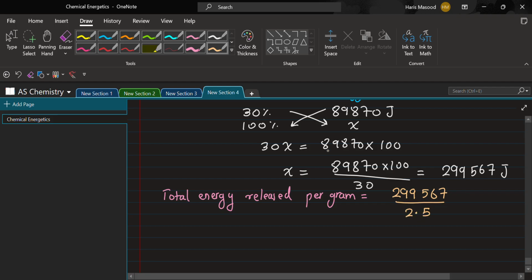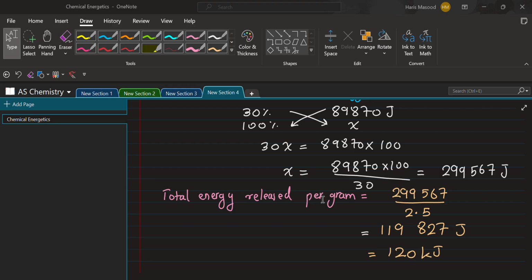Now you will get the answer, that will be around, I think, 119 something, around 8 to 7. We can write that as 120 kilojoules, to be more specific.